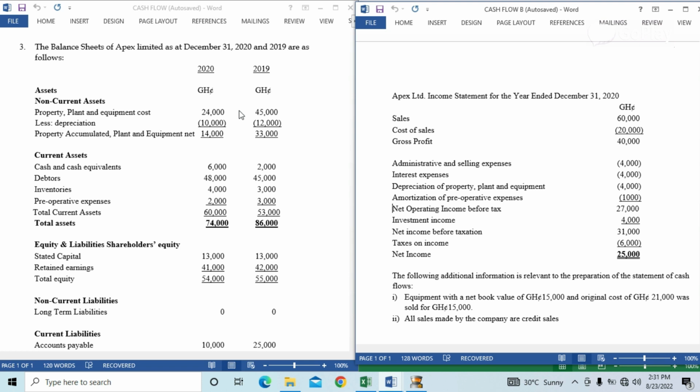I'll provide the link to that one also in the comment section, but we are going to go through all those things together. So let me quickly introduce you to the format. We will use this particular question, but let me show you the format for preparing the cash flow statement before we move on.